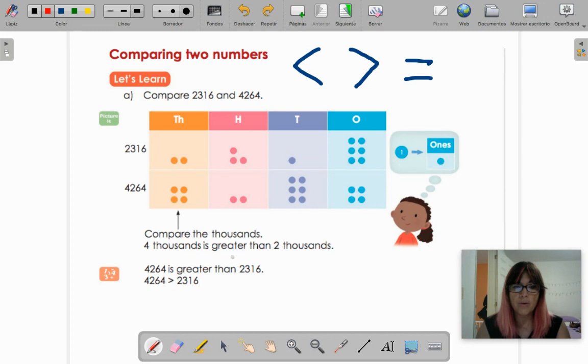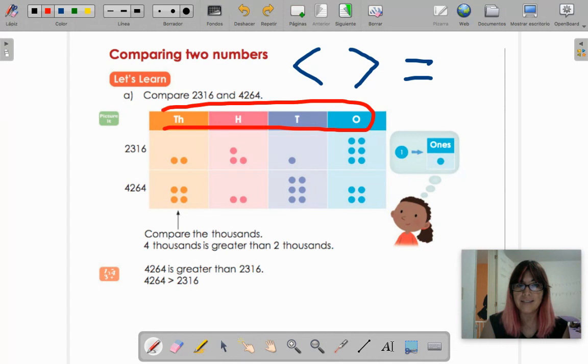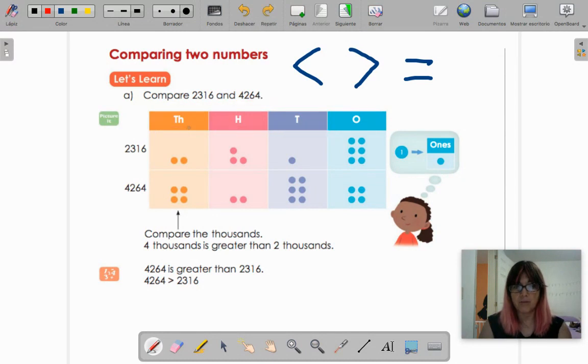So, how are we going to do it with super big numbers that have thousands? The thousands that you have been learning. Well, it's super easy. That's why place value is so important. Remember, we keep learning about the places of the numbers, the ones, the tens, the hundreds, the thousands.